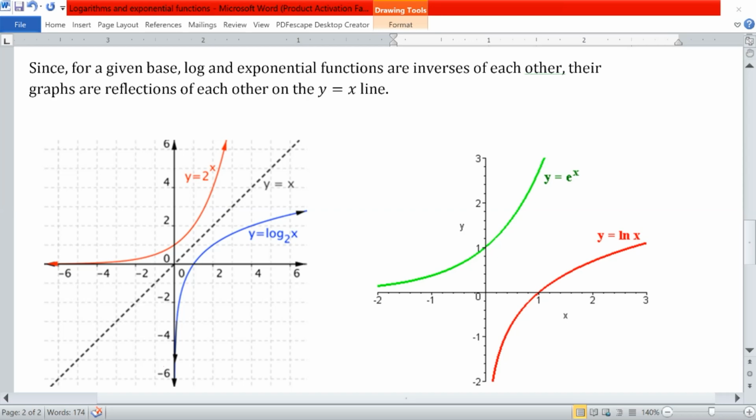So this is all that you have for exponential and logarithmic functions. You have to know the shape and that they are inverse functions, how they are reflections of each other. And if you are given a simple transformation of any of these functions, you have to know how the graph will look, a shift to the left, a shift up.